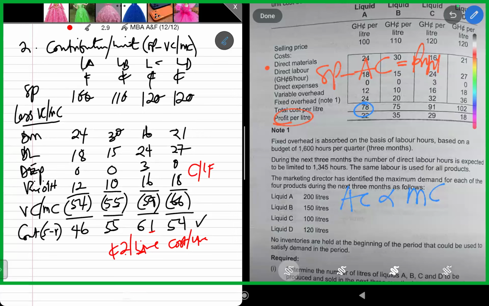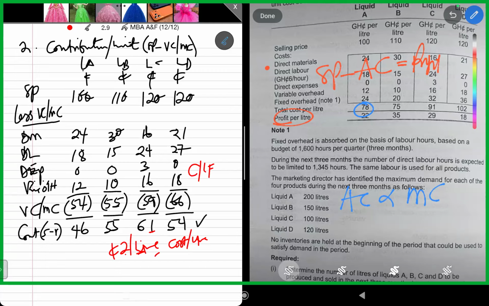What other way can I write cost per liter? We did it yesterday. That would be the cost over one. It's cost over 1 liter. Do you get it? Yes.